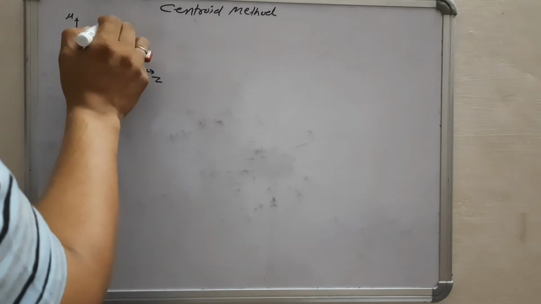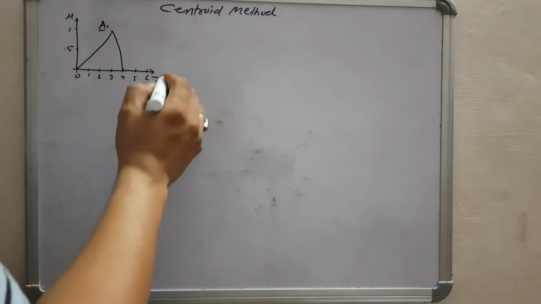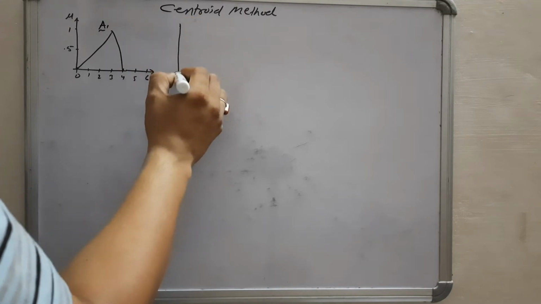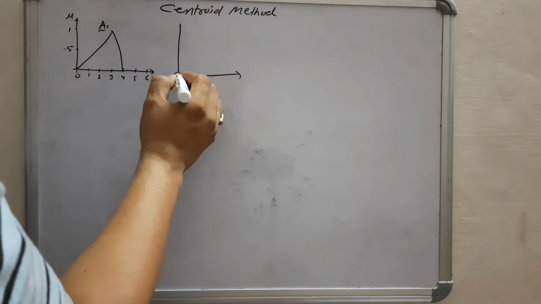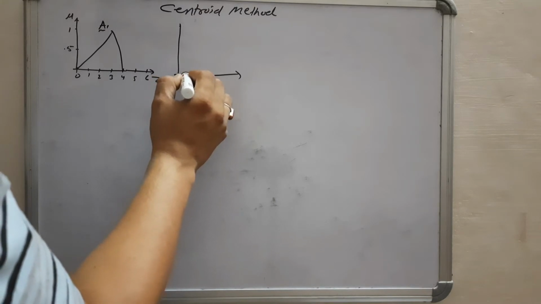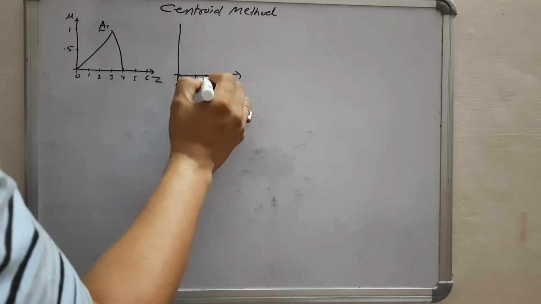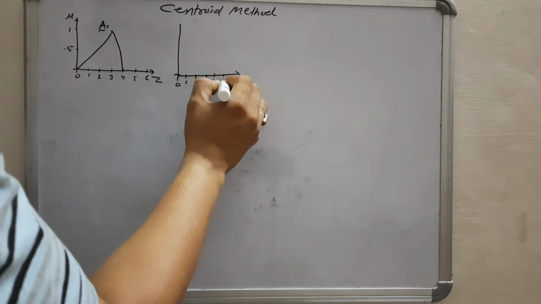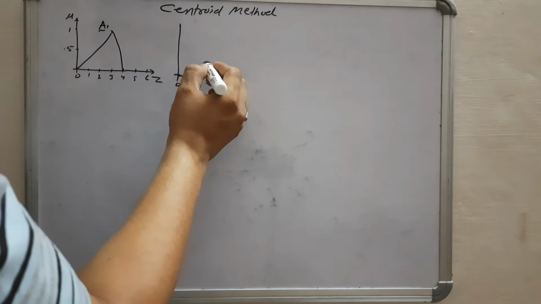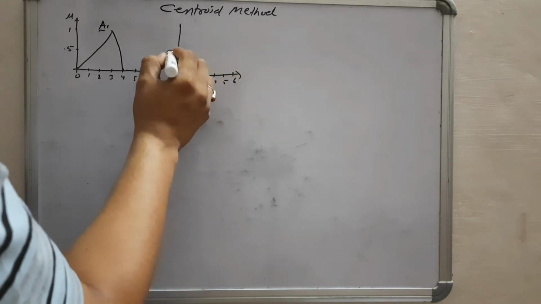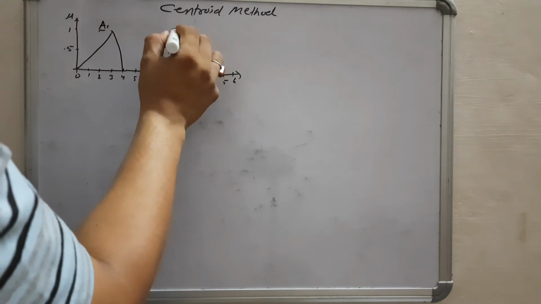Suppose this is A1, and the second is given: 1, 2, 3, 4, 5, 6. 0.5, 1.